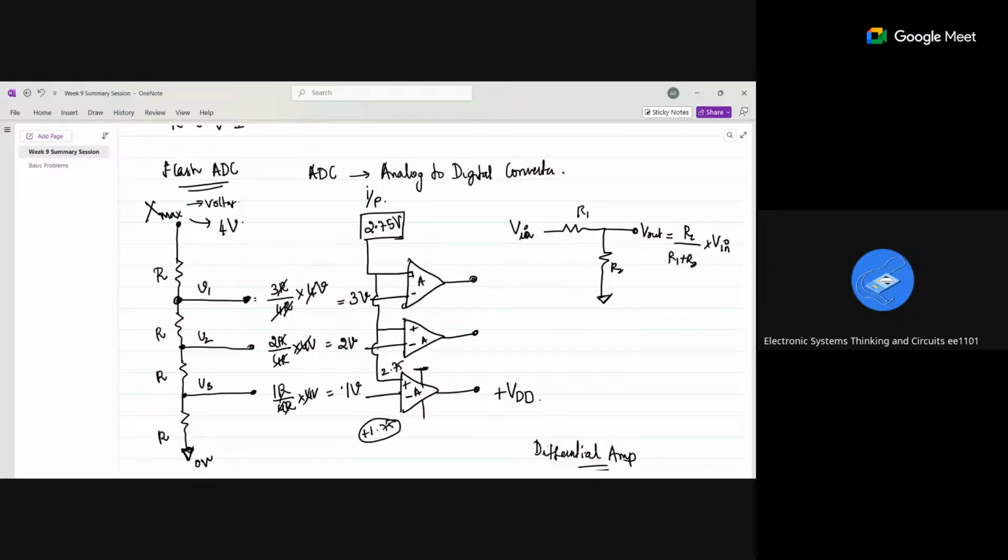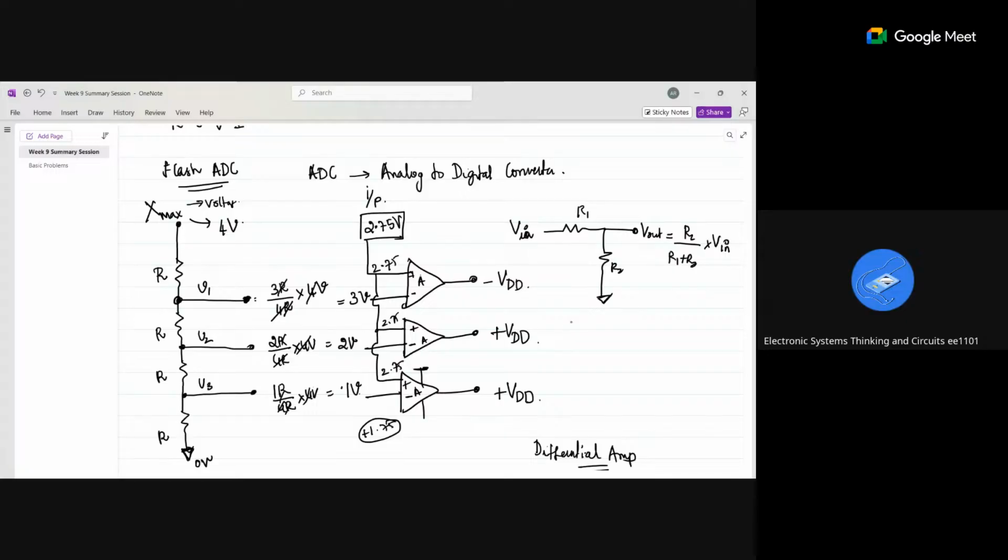In the same way, 1 volt and 2.75 will be compared for the next amplifier, where 2 volts and 2.75 will be compared. I will get the difference of 0.75, which is a positive value. So again, I'll get plus VDD, right? Yes, ma'am. In the first amplifier here, my positive terminal value is 2.75, whereas my negative terminal value is 3 volt. So here my negative value will be amplified, and you will get the output minus VDD.